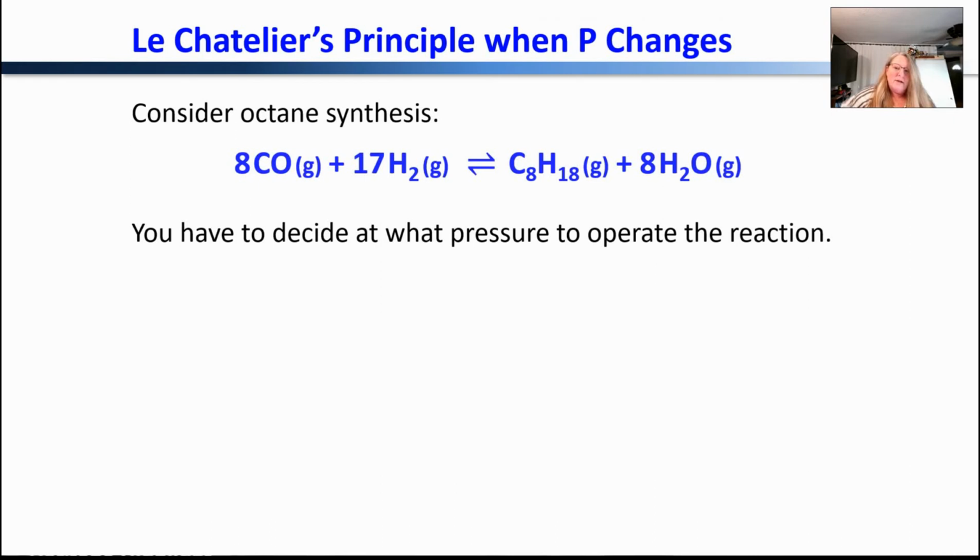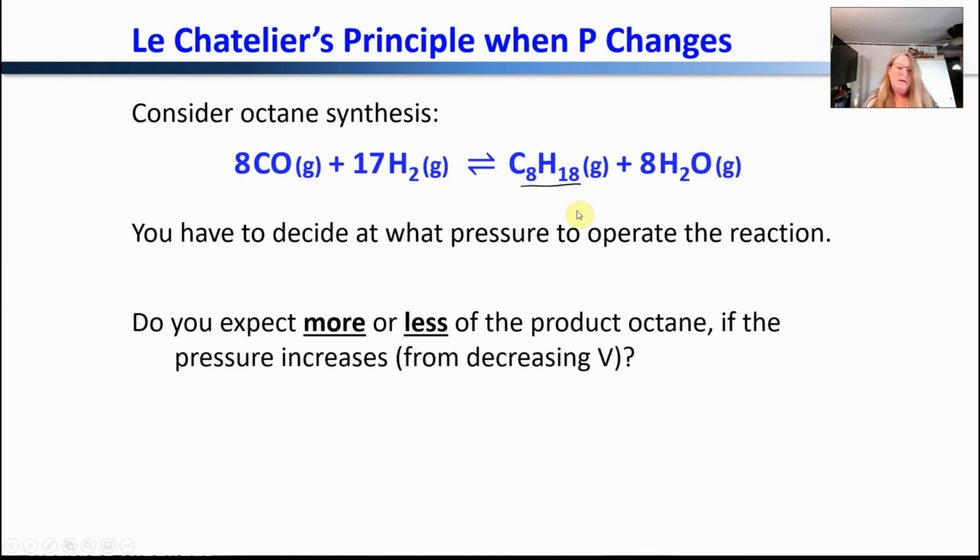So let's look at our octane reaction again, and just to remind you, this is the octane. In this one, how many molecules of gas do I have on the left and how many on the right? And do you think I would get more or less of my octane if I increased the pressure?